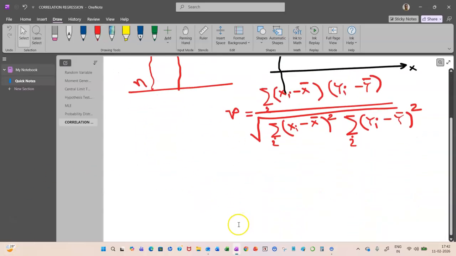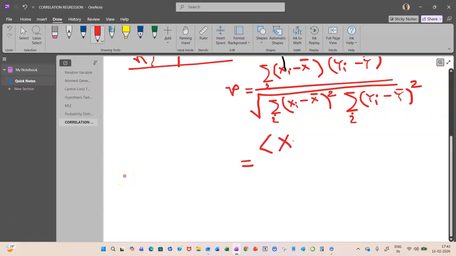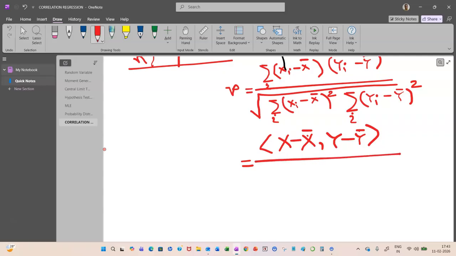It is easy to see that the value of r always lies between -1 and +1, because this r is nothing but the inner product of x minus x bar and y minus y bar, divided by the Euclidean norm of xi minus x bar times the norm of yi minus y bar.